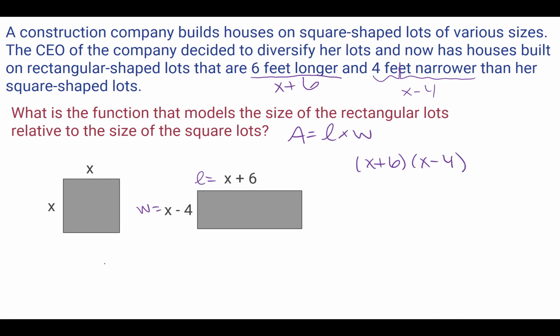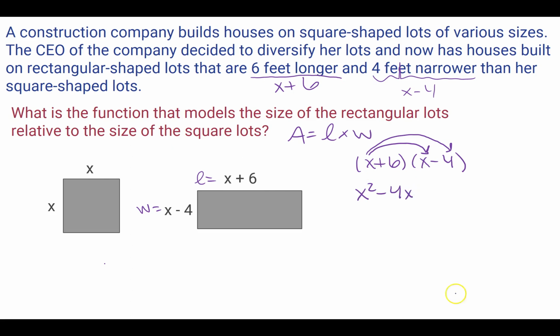How do we multiply binomials together? Starts with an F, ends in oil. Foil. So that means we're going to take X, multiply it to X and negative 4. So that gives me what? X squared and negative 4X.